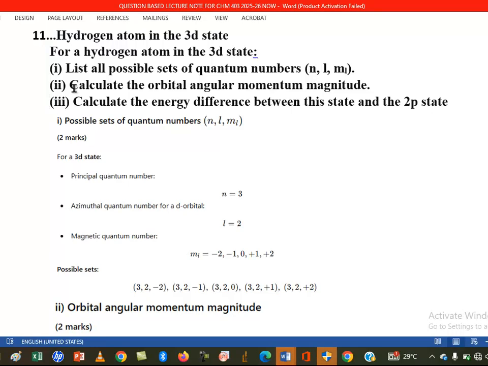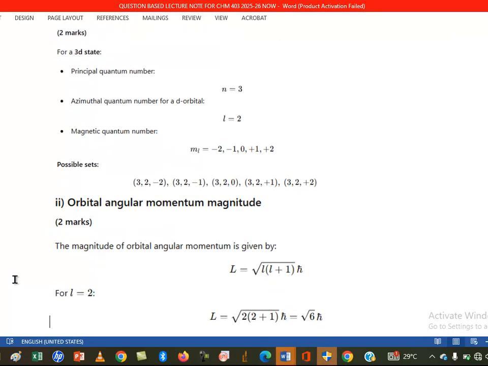Now to the second sub question here. Calculate the orbital angular momentum magnitude. This is the equation: L is equal to the square root of l into l plus 1, times h bar.